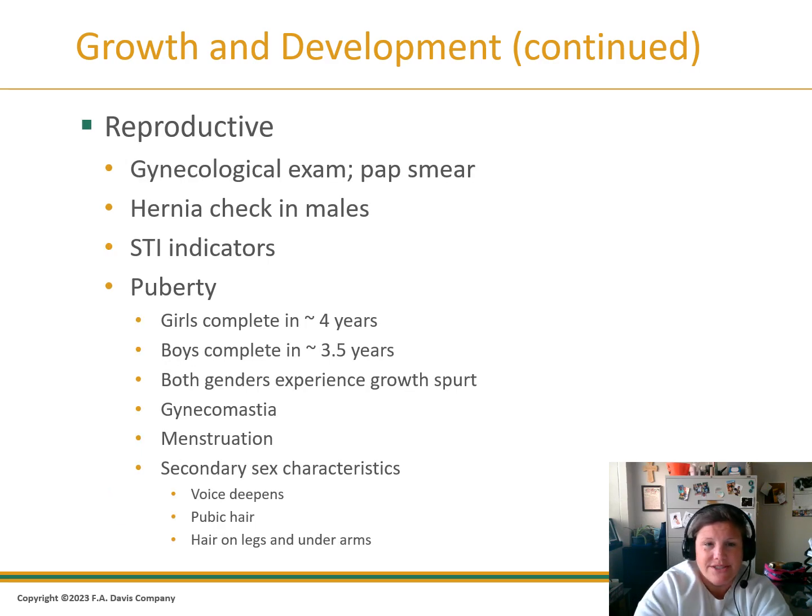Okay, reproductive. There's a little bit on this slide, but there's also a separate presentation that I'm going to voice over for you that is from chapter 19 that is encompassing a lot of the same information plus some.